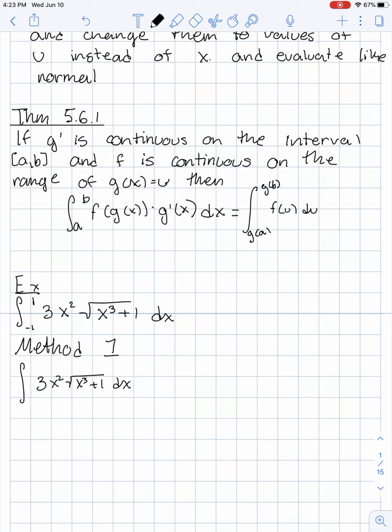Because remember, if g of x equals u, g prime of x dx equals du.